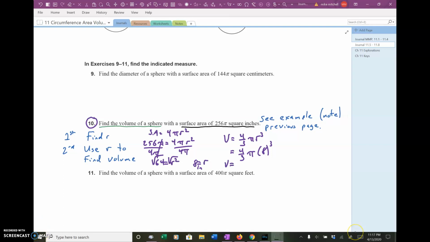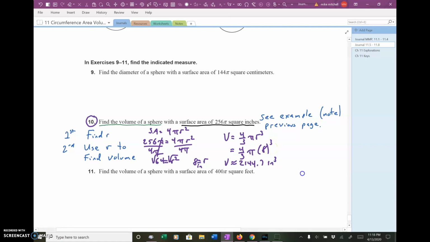And I get my volume coming out to 2144.660585, or 2144.7, and I should again probably have the approximate since I had to round that a little bit, and that's going to be inches cubed because we were working in square inches, which took us to inches for the radius. When I cubed the 8 inches, that'd give me inches cubed.